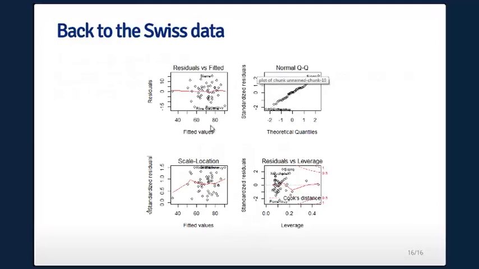So let's look back at the Swiss data and see what these different plots are trying to accomplish a little bit. So the residuals versus the fitted values, you're looking for any sort of pattern. Same thing with the fitted values versus the standardized residuals, the scale-location plot, where it's plotting a function of the standardized residuals. The normal QQ plot is where you're trying to figure out normality of the errors by plotting the theoretical quantiles of the standard normal distribution against the standardized residuals.